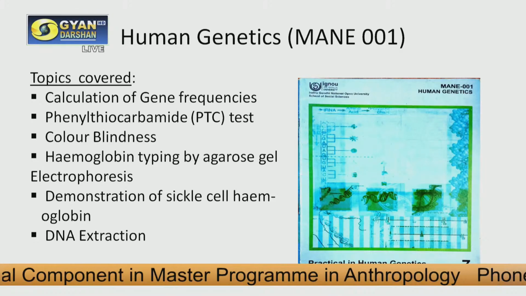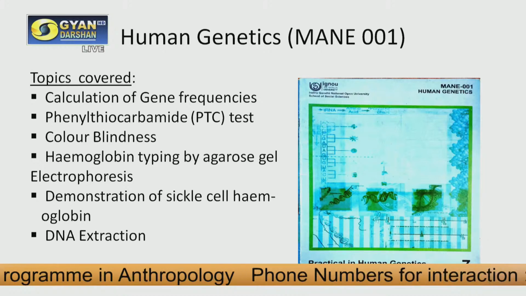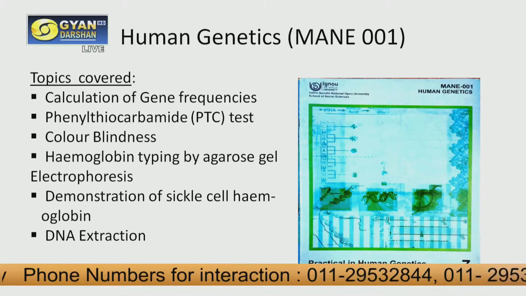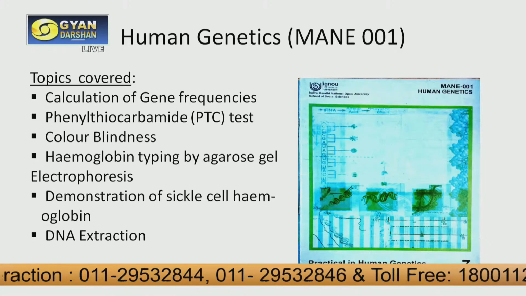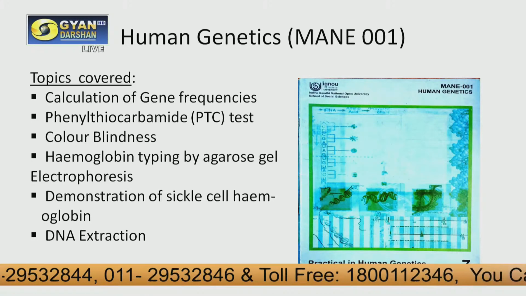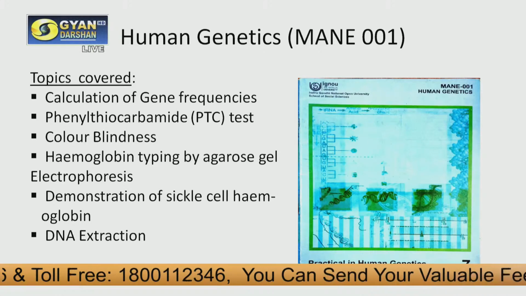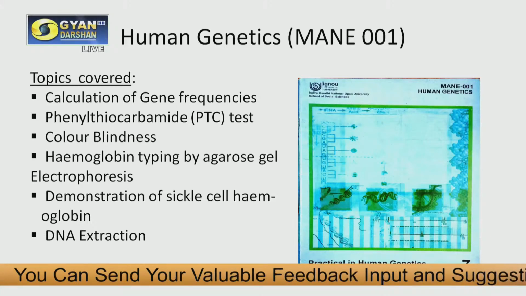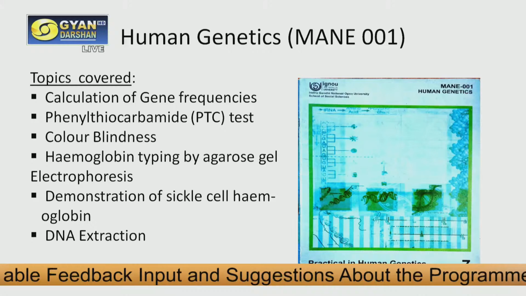And then sickle cell anemia. How we can see sickle cell anemia in the blood, how to collect the blood sample, and how to check whether the collected blood sample shows sickle cell disease or not, and what the consequences are, are also described in this unit.